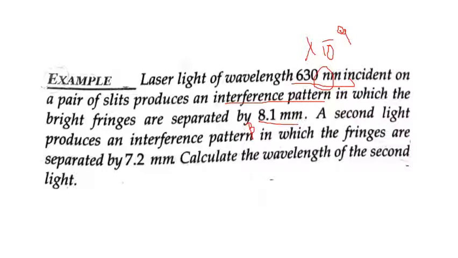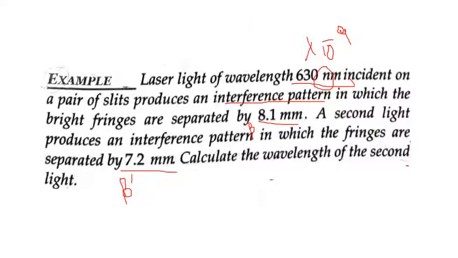Now a second light produces an interference pattern. This time, instead of using 630 nanometer, they have used light of another wavelength. In that case, it also produces bright fringes, 7.2 millimeter. Let us say this produces a fringe width beta dash, 7.2 millimeter.